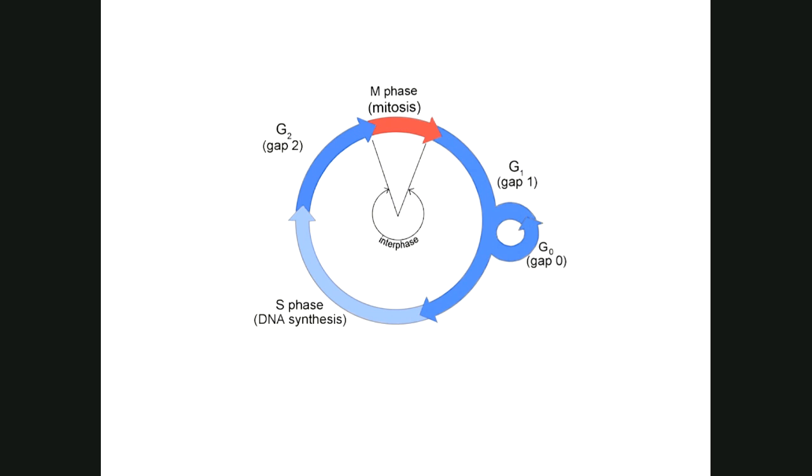Otherwise it will go from G1 stage to the S phase, then G2, then mitosis, and the cell cycle will continue like this. But the G0 stage is the stage which gives the cell a gap, a rest for a particular time period outside of the cell cycle.